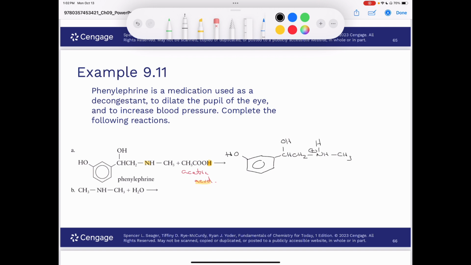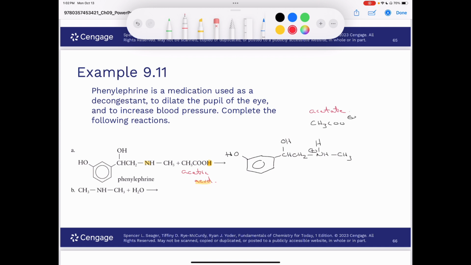What's left over is the species after the acetic acid gives up that hydrogen ion. It's called the acetate ion. So I'll just write it here, CH3COO, and it has a negative charge. So the positive charge on the nitrogen and a negative charge on our acetate ion. Again, this is called an acetate ion.